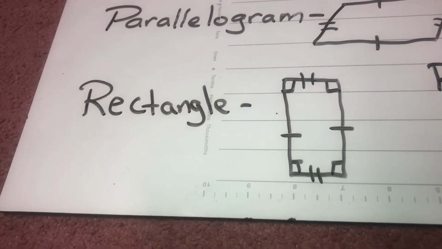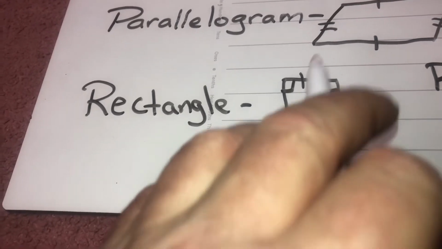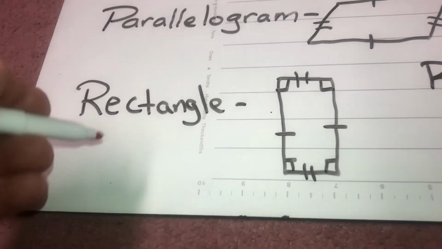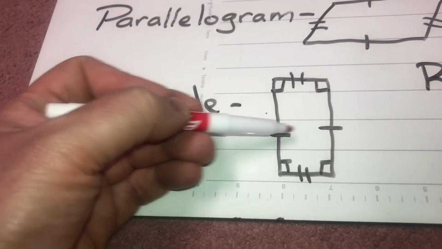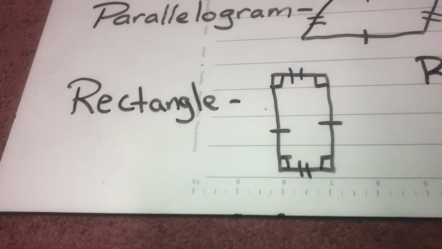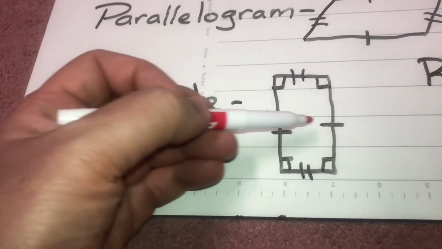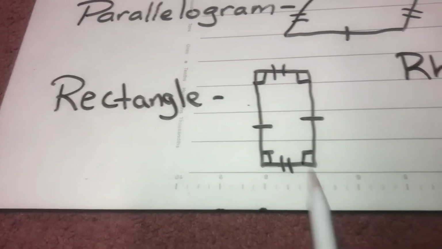Okay, so a rectangle has four right angles. It has two sets of congruent sides. Congruent means the same. They are the same length. So the top and the bottom are the same length. The left and the right are the same length. They also have two sets of parallel sides, meaning that the left and the right are parallel. The bottom and the top are parallel.